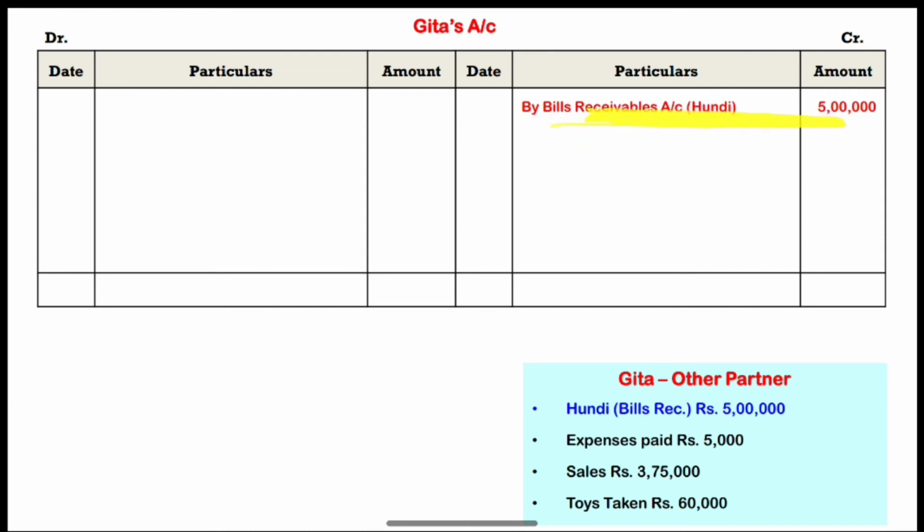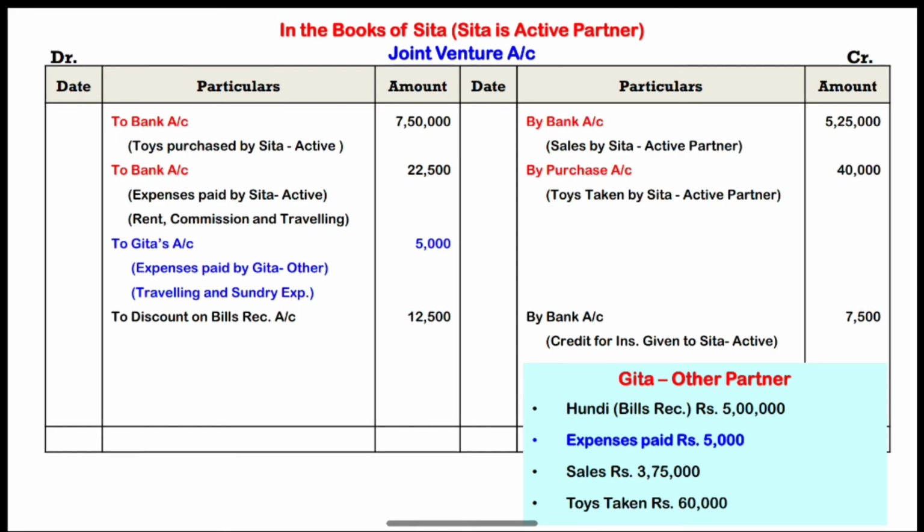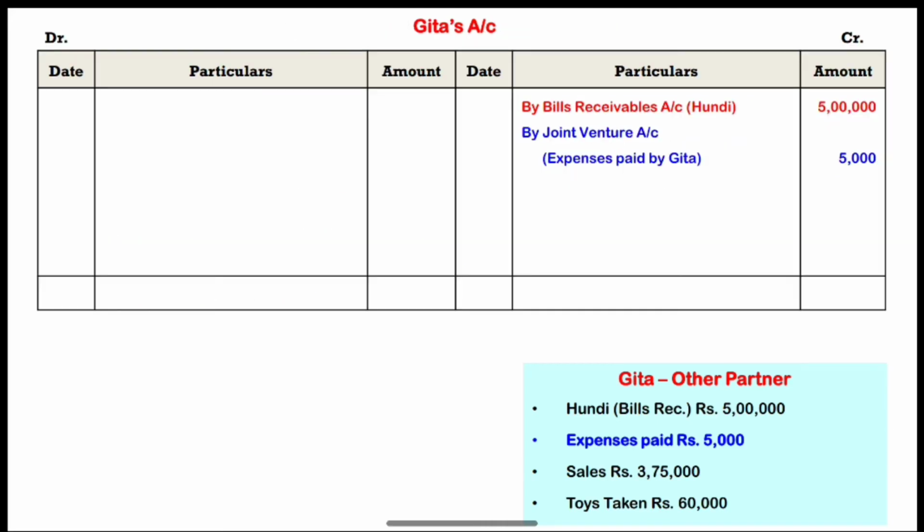Debit the receiver, credit the giver. Here Gita is the giver, so on the credit side of Gita by bills receivable hundi. Expenses paid: joint venture account debited to Gita's account, so on the debit side of joint venture to Gita's account, and credit side of Gita by joint venture account expenses 5,000.